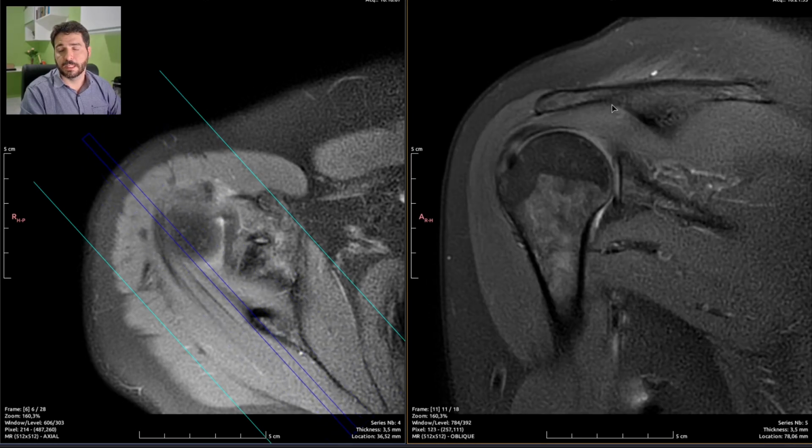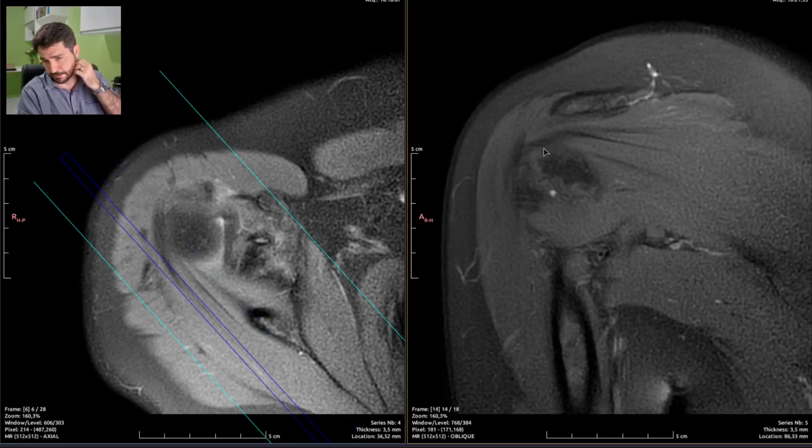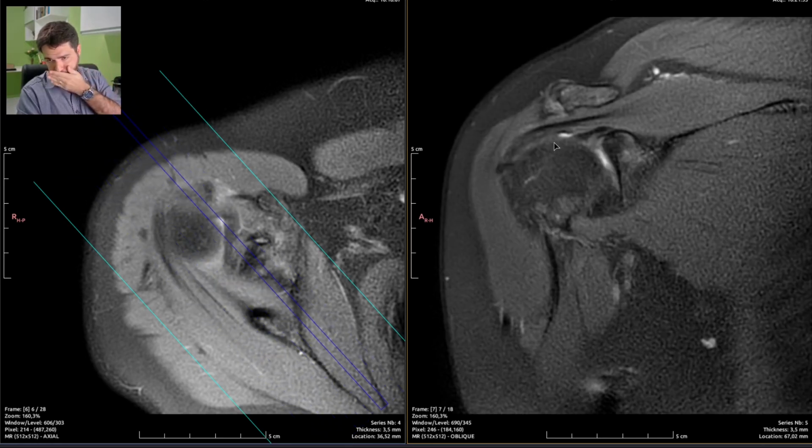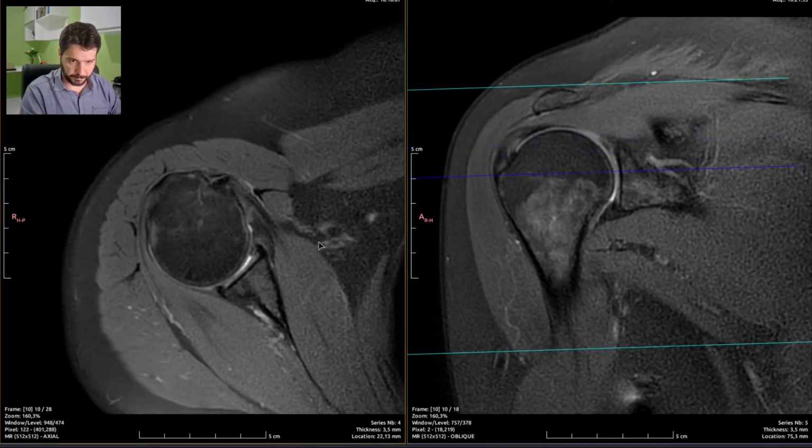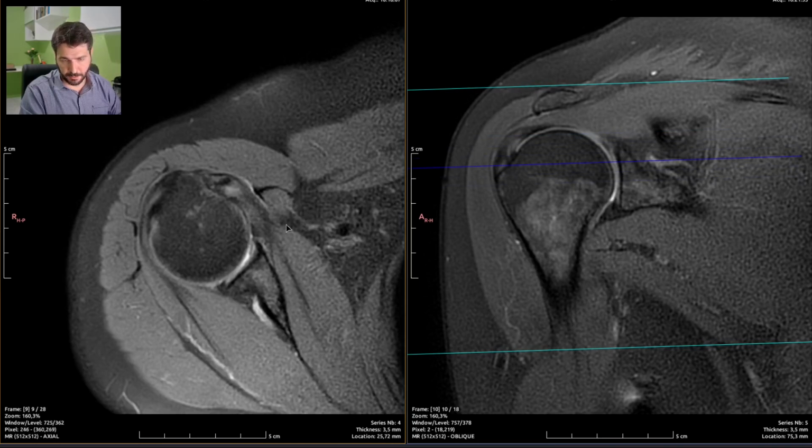There is no sign of bursitis. The subacromial subdeltoid bursa isn't distended nor bright. So this is a chronic disease for sure. A chronic inflamed shoulder. So this is the subscapularis tendon.